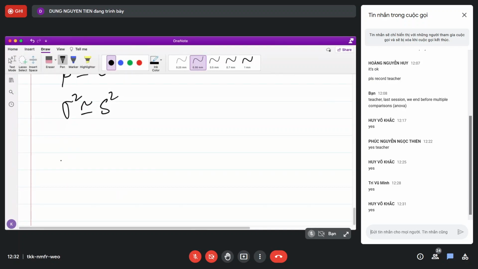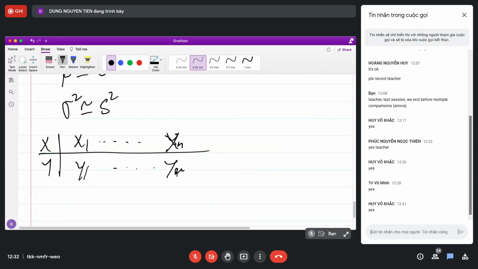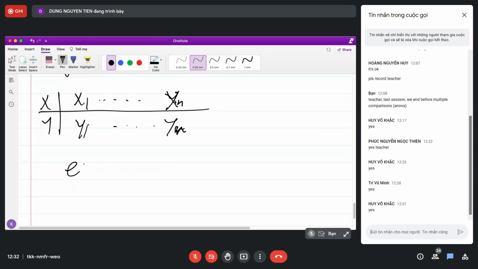And then again, we may have the model with data xi, yi. Then you can get the yi hat, which is a plus b xi, and ei is yi minus yi hat.